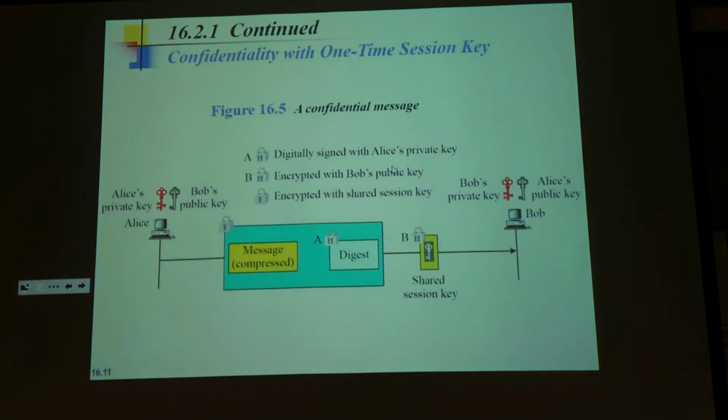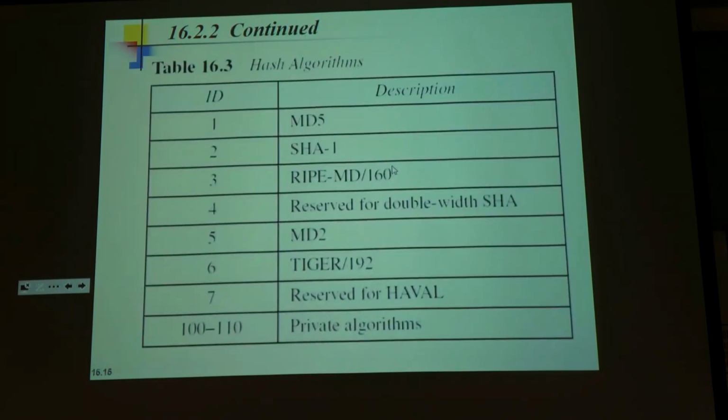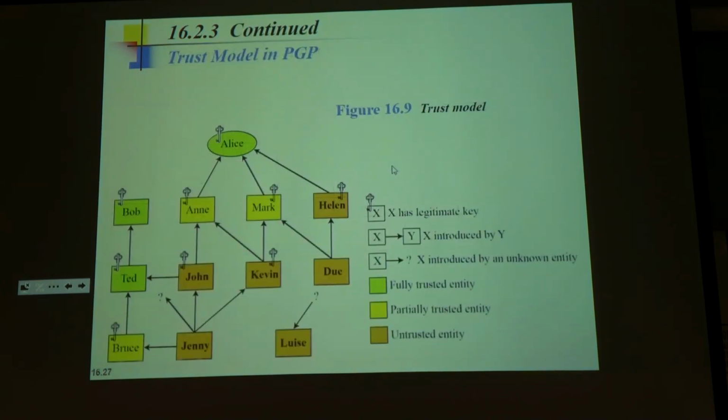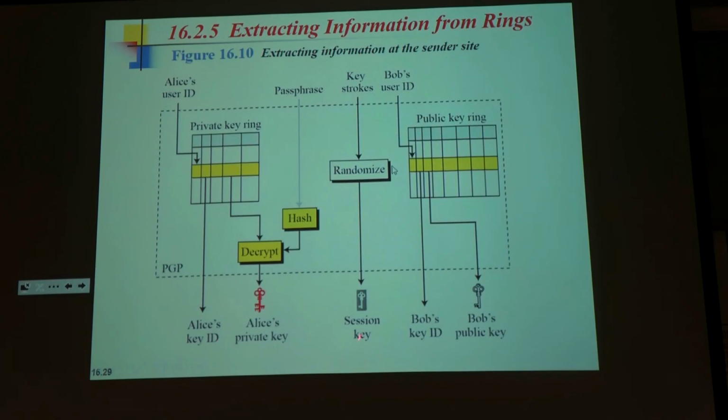So for this process in here, what do I have to have? I have to get the shared session key. I have to get Alice's private key and public key, and Bob's what? Public key. And I get them where? Like this, from here. So this is the session key.